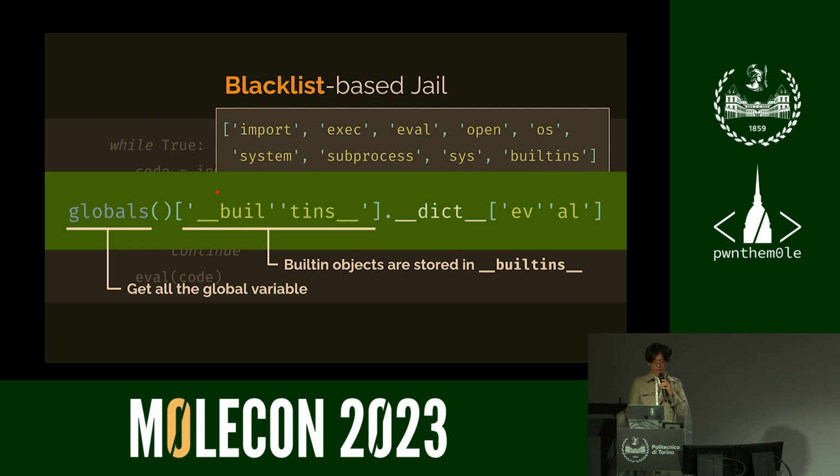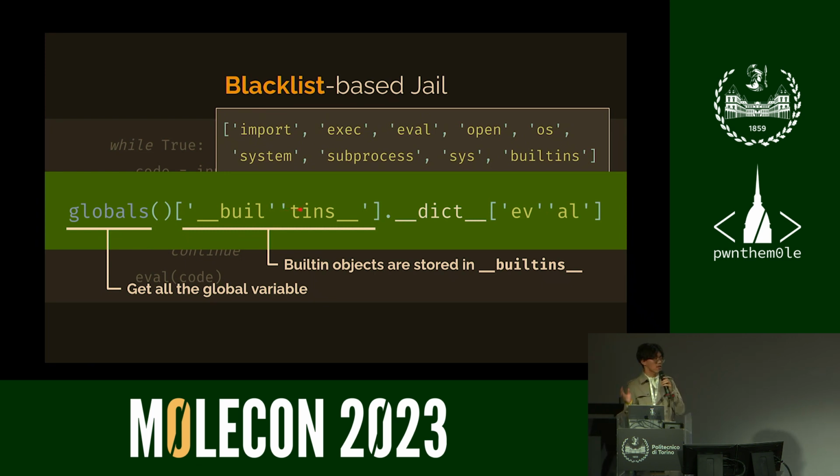Okay, and here's a payload for bypassing this jail. You can call globals, which returns a dictionary of the global variables. A small trick here is that we always have a builtins module in our Python environment.